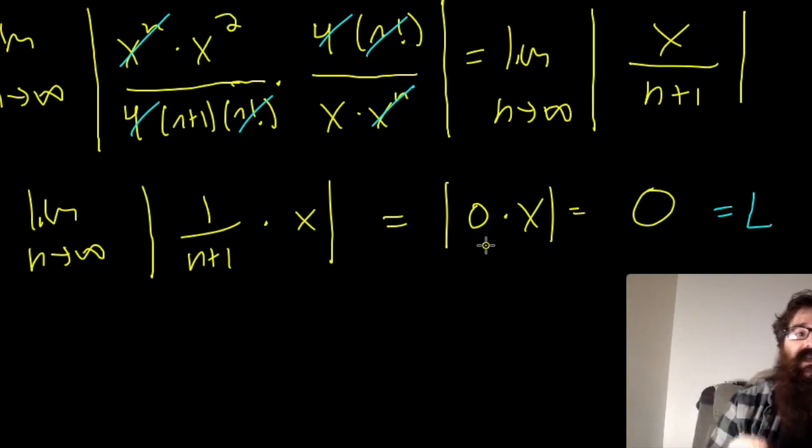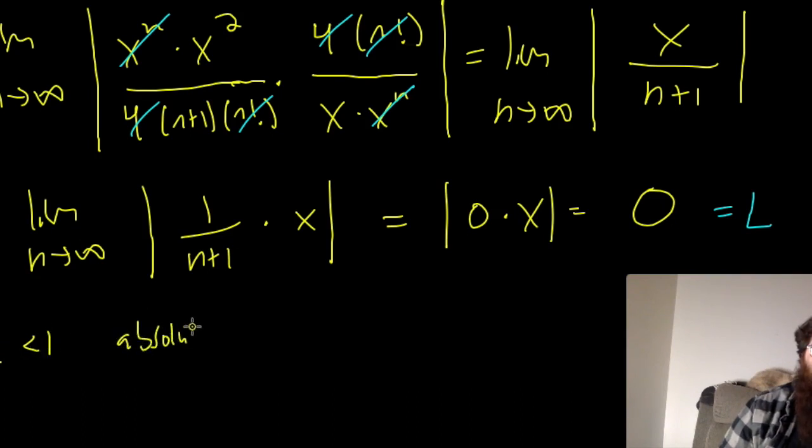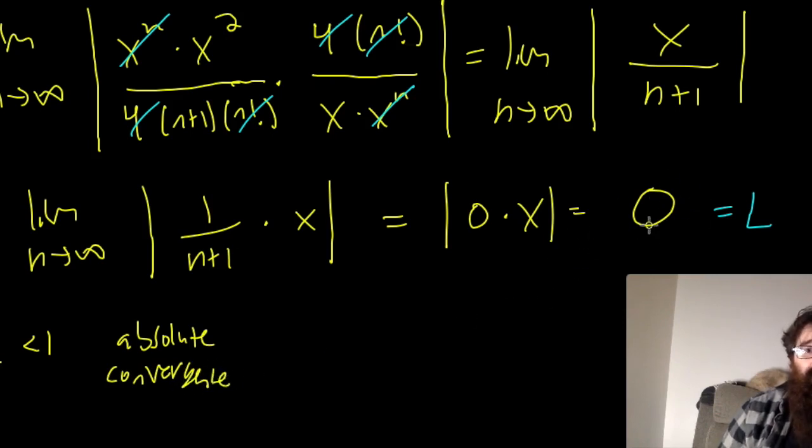And remember what we say about ratio test. If L is less than 1, then we have the absolute convergence. And this is less than 1. 0 is less than 1, right?